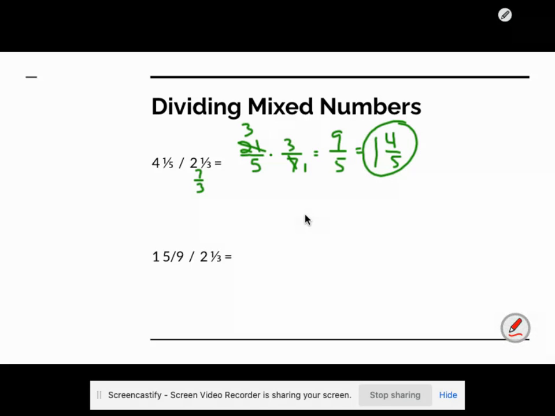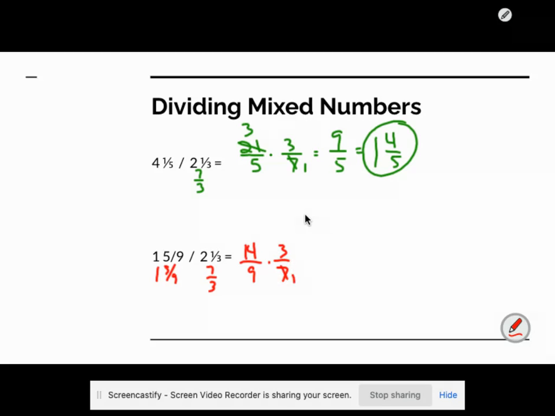The next example here. The fraction didn't make it look nice, so I have to think of this as 1 5/9 this way. So I'm going to have 14 over 9 times 7 over 3, so I'm going to do 3 over 7.